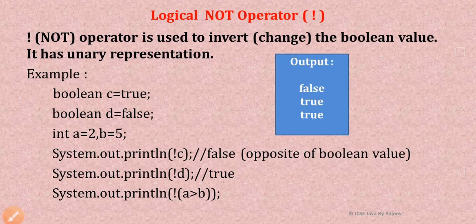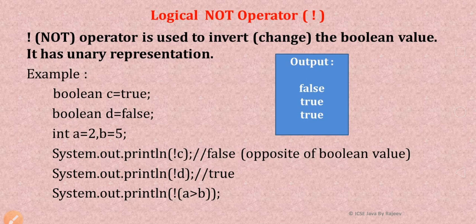Logical NOT operator. It is used to just invert the Boolean value. Invert means change the Boolean value. For example, without the NOT operator, if an expression is giving true, then with the NOT operator it will give false. Let's see the example downside.